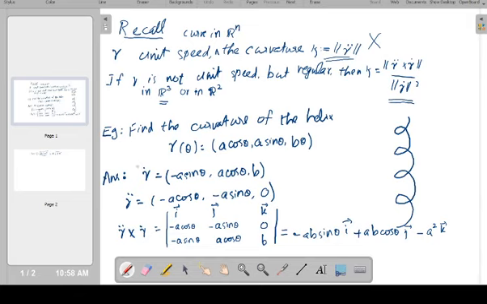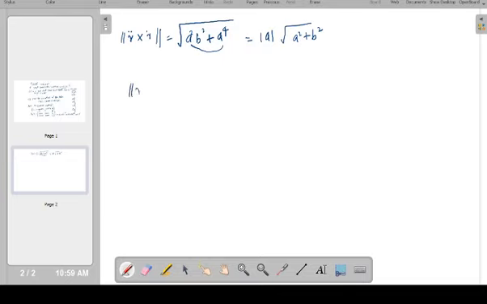Now we will compute the cube of norm of gamma dot. Norm of gamma dot is square root of a square sin square theta plus a square cos square theta plus b square, so square root of a square plus b square. So we can calculate kappa now.